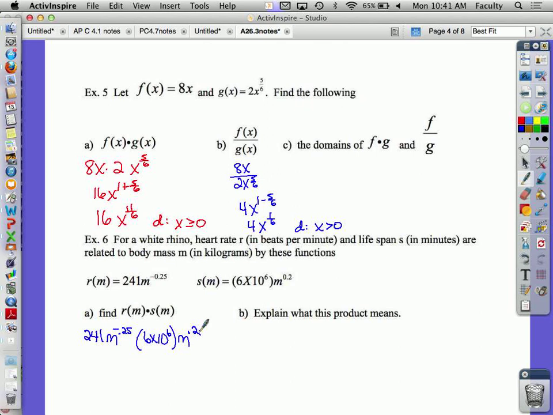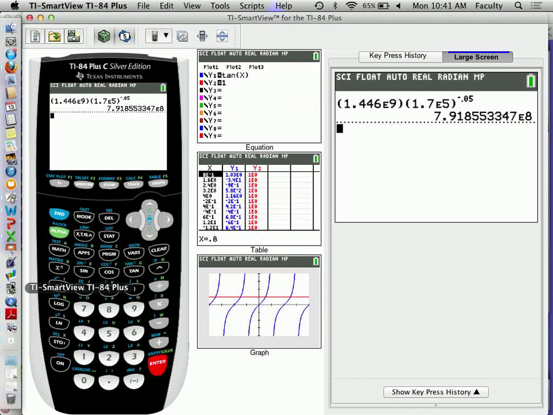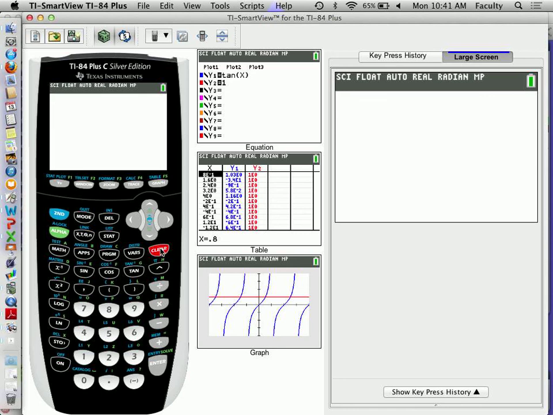If you have your graphing calculator with you, let me show you how we can enter. We're going to multiply 241 times 6 times 10 to the 6th. So we're going to do 241 times, I'm going to do a parenthesis, and then it's 6, and then you remember we're going to use the EE button. It's above the number 7 under the comma. So you do second and the comma, 6.